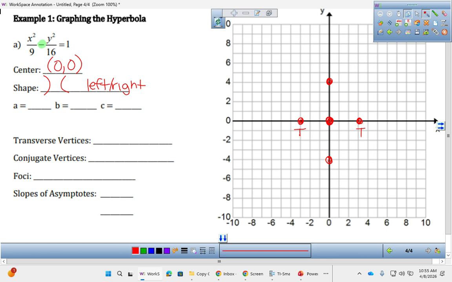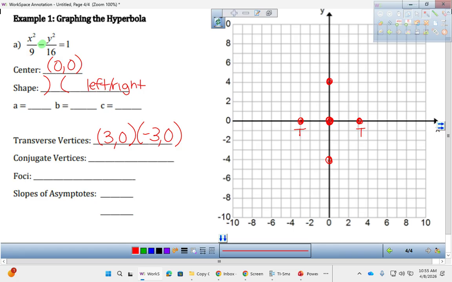And I'm just going to write them as coordinate points, all right? It's a little confusing because if this was an ellipse, those would not be what I wrote here. So those 2 points are 3, 0, and negative 3, 0. Transverse comes first, which means conjugate is the other one, right?